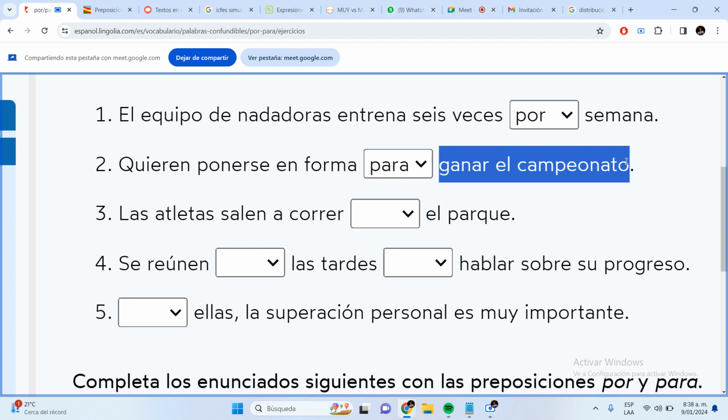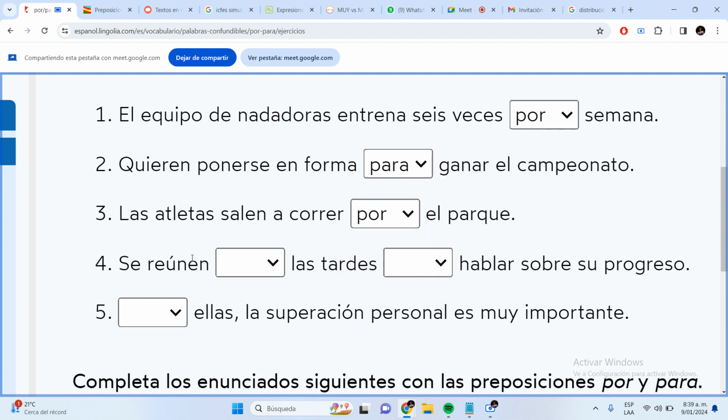Las atletas salen a correr por el parque. Se reúnen por las tardes para hablar sobre su progreso.